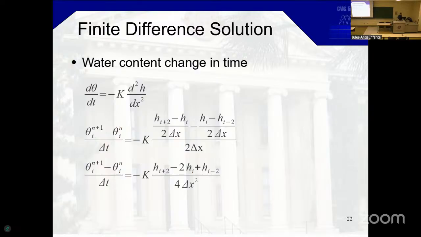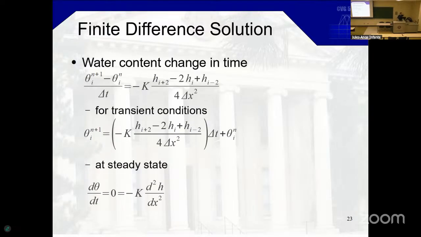So now I can predict the theta at the future time. Okay. And the nice thing is that at steady state, I can also say that the change of water content is equal to 0, right? When I'm at steady state, I know that I will have as much water coming in as leaving at any given time.